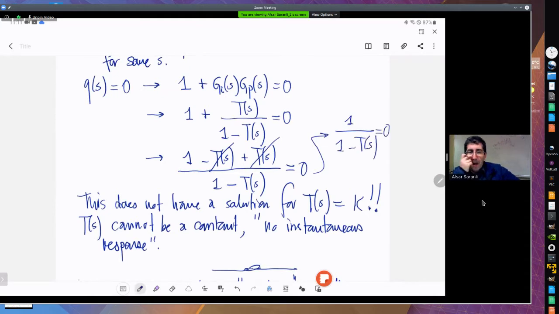Doğru mu? Şimdi bu denklem çözülebilir ama ancak t as a function of s olursa çözülebilir. Eğer t constant olursa 1 bölü 1 eksi k eşittir 0 olmuş oluyor. Buna bir çözüm bulmak mümkün değil. Dolayısıyla t of s'e bir constant veremediğimizi gösteriyor.